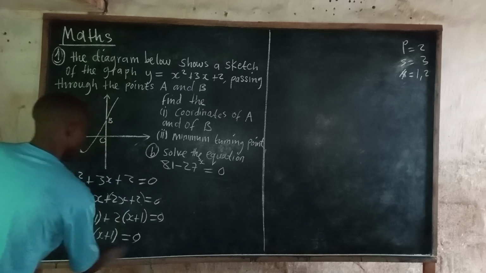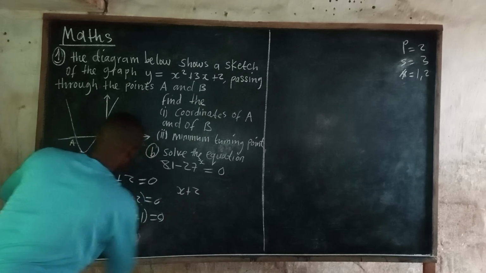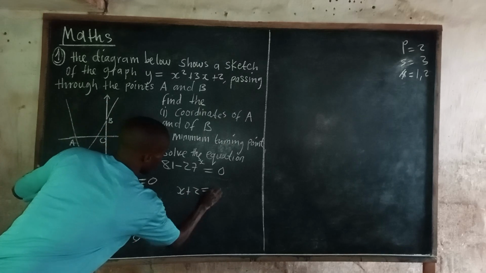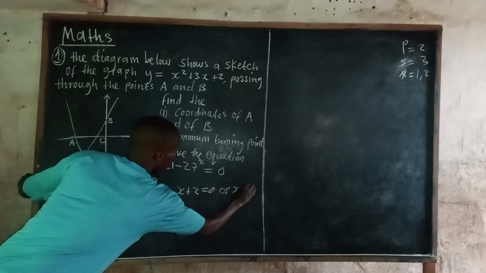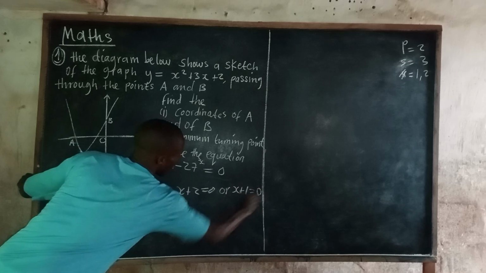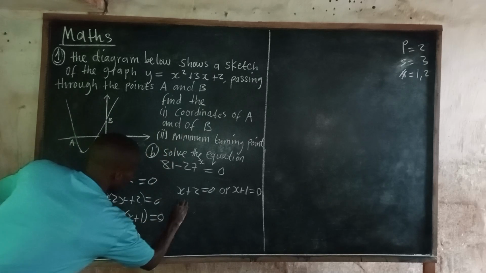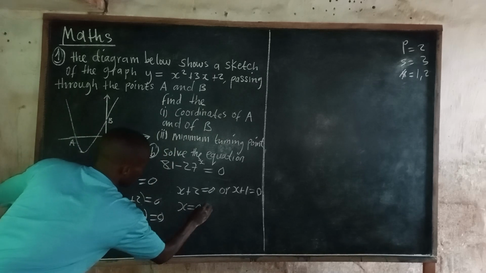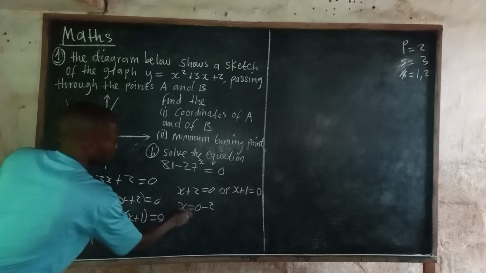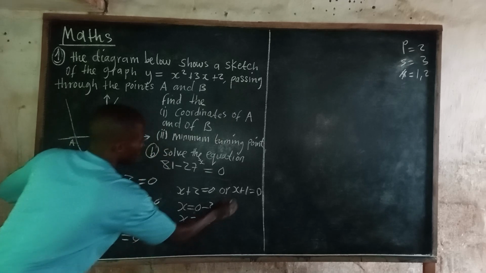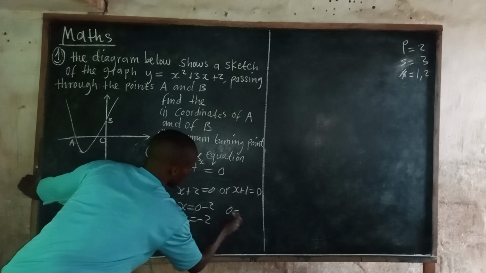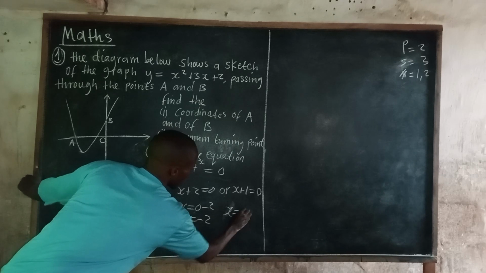Then from there we can say x plus 2 equals 0, or x plus 1 equals 0. So x is equal to 0 minus 2, which is x equals negative 2. Then the other one is x equals negative 1.